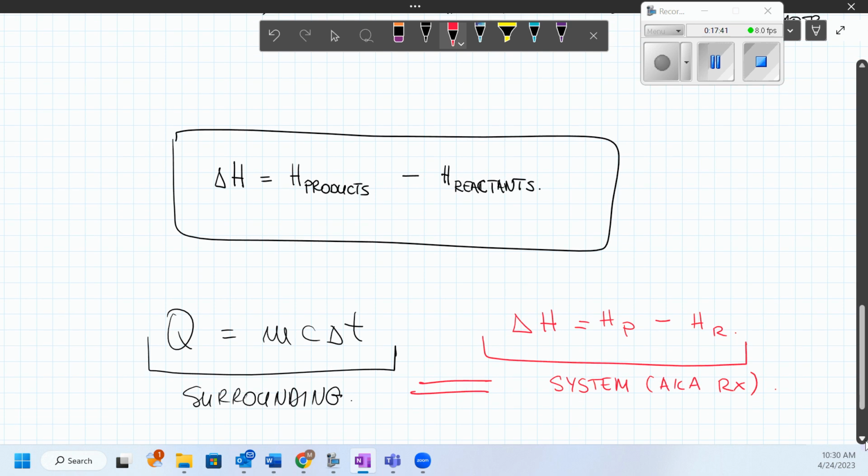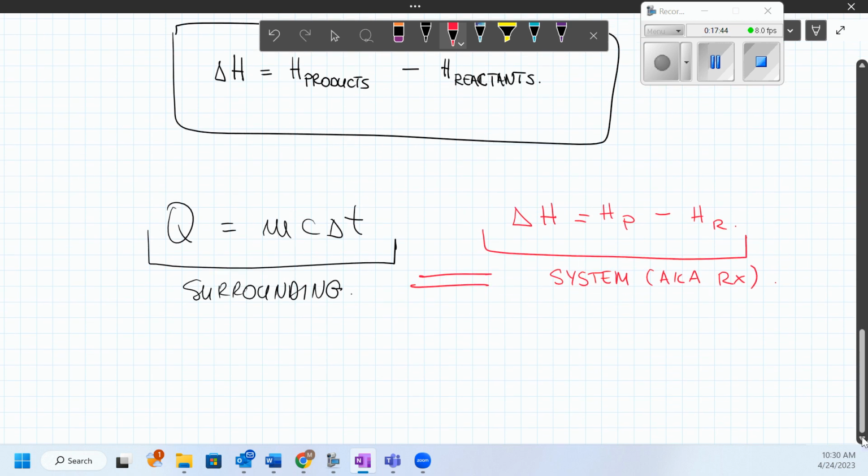So mathematically, we support our calculations based on the fact that the energy lost, whatever part is happening, is equal to the energy gained.